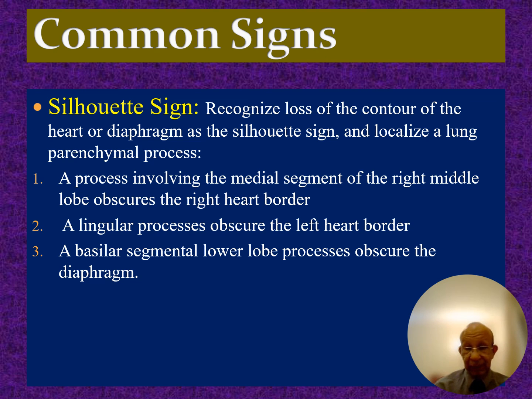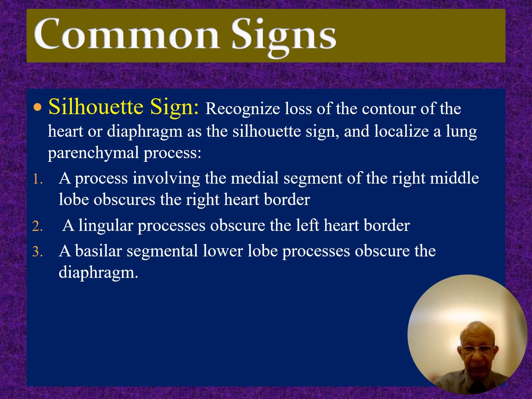Silhouette sign, as I mentioned several times, is the interface between the air and the solid organs, and this should be crisp and clear, with no haziness. You can just put a pen and go all the way along that line. If you have any pathology in the medial segment of the right middle lobe, the right heart border is obscured.